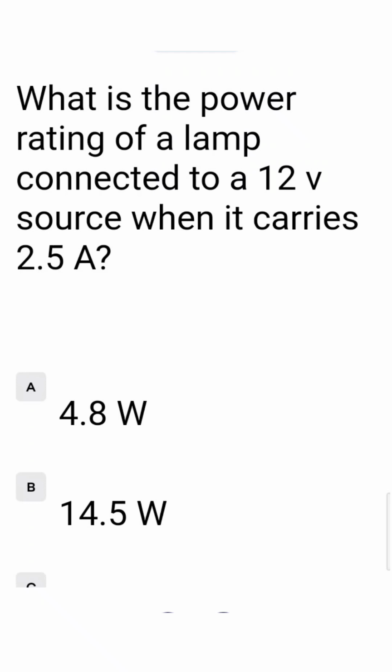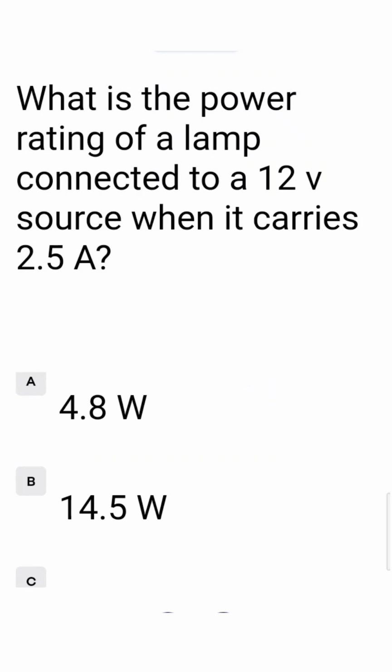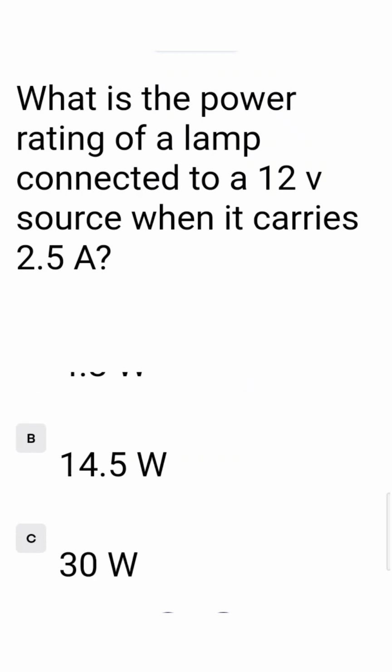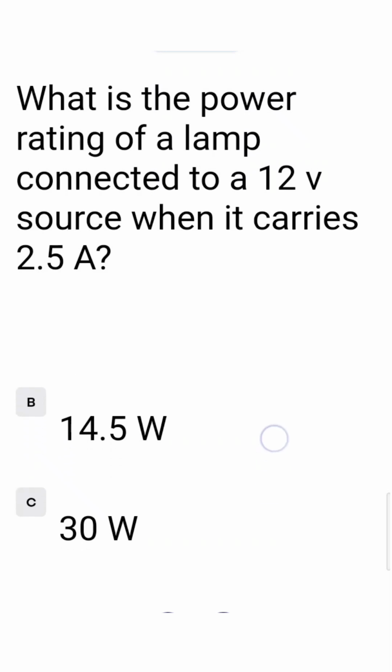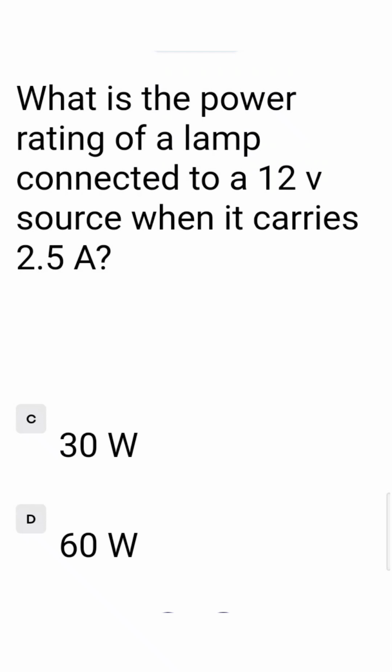The power is 30 watt. So we see options: A: 4.8 watt, B: 14.5 watt, C: 30 watt, D: 60 watt. The correct option is C, where it is 30 watt. So we tick option C.